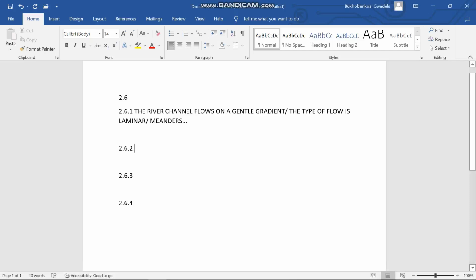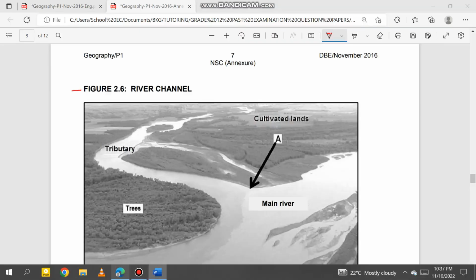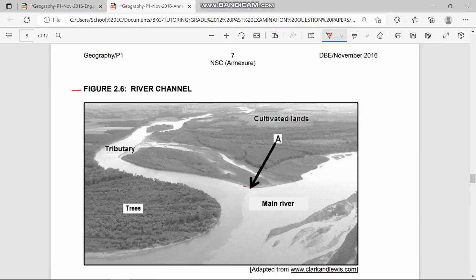As you can see, two rivers join here at a confluence. This flow of water from this river and this flow of water from the main river meet around here. So let's go and write down the definition of a confluence.